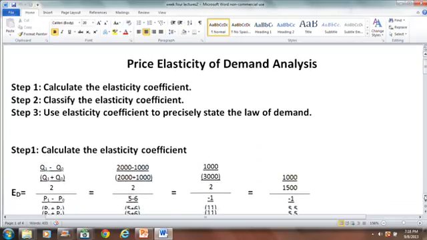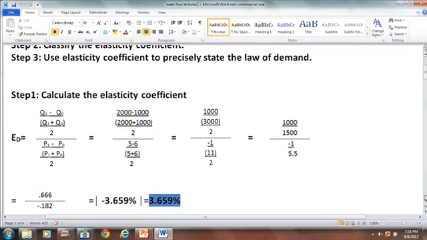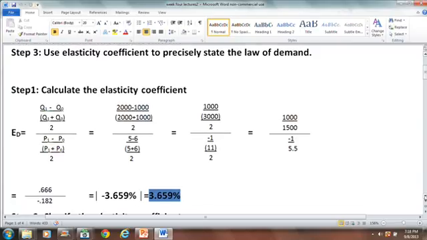So I took the numbers from the demand schedule that we had in the previous slide, and here's the basic formula for price elasticity of demand. In the numerator you have the way of expressing percentage change in quantity, and in the denominator you're expressing percentage change in price.